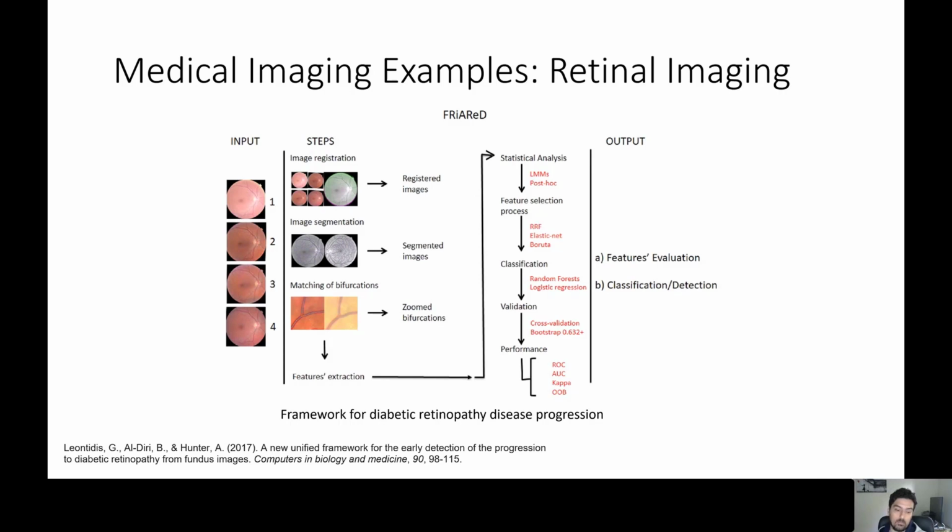Because we had a retrospective cohort, we knew when they were first diagnosed with diabetic retinopathy. And then we went back and investigated the few years before diabetic retinopathy and a couple of years after, so that we could potentially identify the progression before lesions have appeared in the retinal vasculature, right?